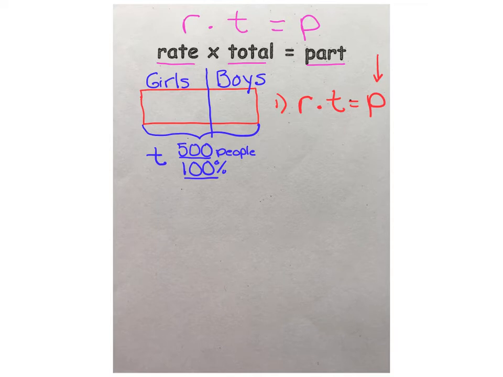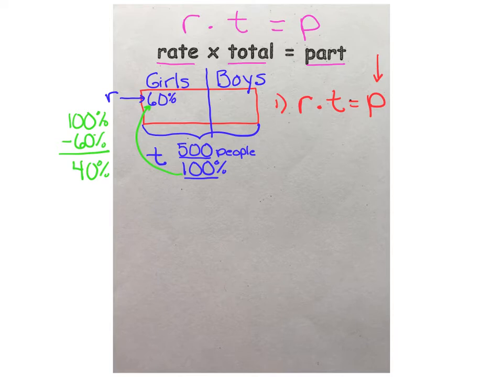And for each section, we're going to get a rate, which stands for the letter R. Let's say 60% of the population is made up of girls. Well, we know if the total population is 100%, that 100% take away 60% means that the remaining piece must make up 40% of the population.